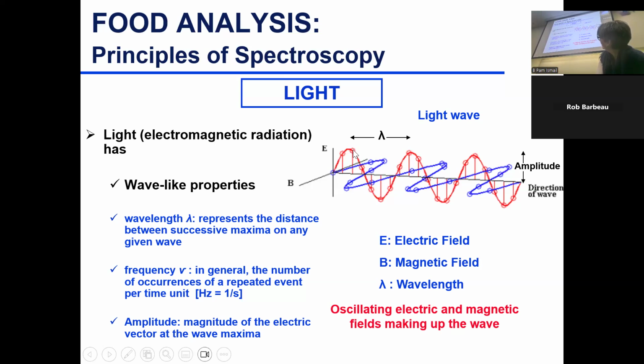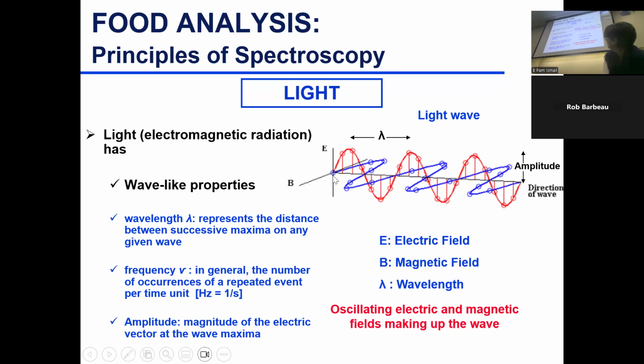Here we have an increase and a decrease, another oscillation, another oscillation. The distance between the maxima within one oscillation and the next is your lambda, or wavelength. And on the x-axis of the E, the height is the amplitude.